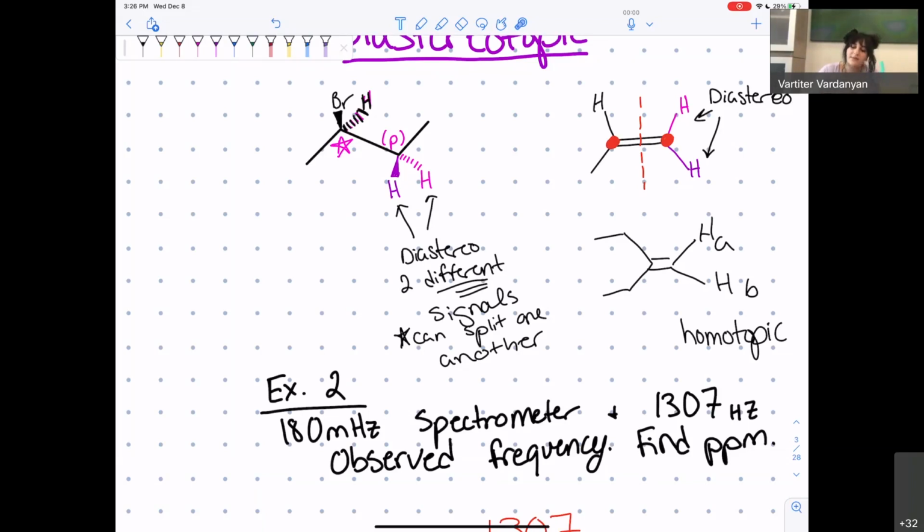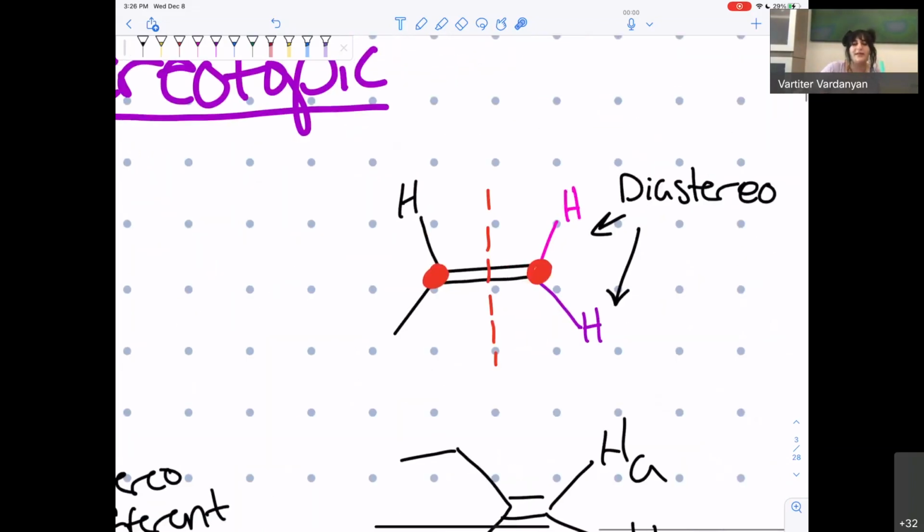In the other example, if we compare the black hydrogen to the pink hydrogen, their relationship is heterotopic because the two hydrogens are on completely different carbons. So they could not be diastereotopic or enantiotopic.